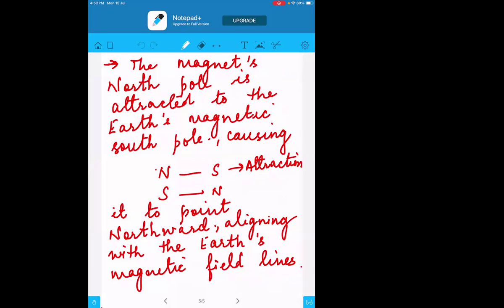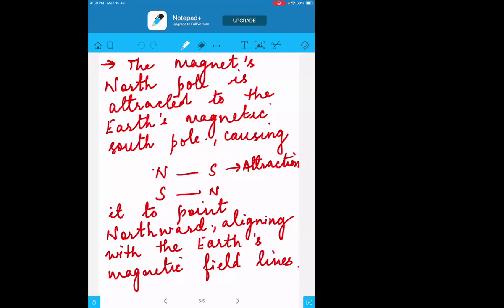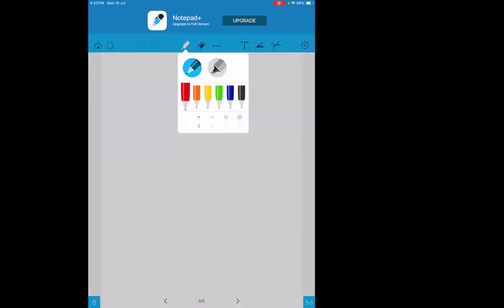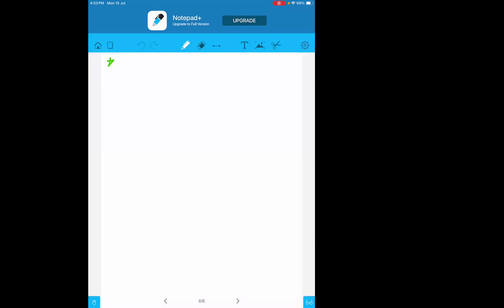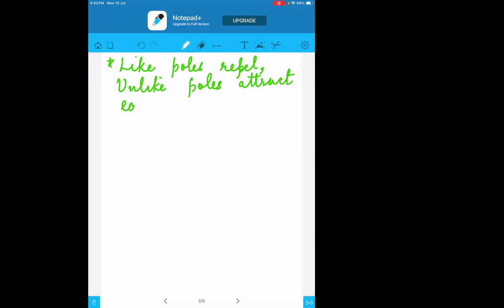Ma'am, finished, ma'am. Okay, now next point, we'll go to the third point, which is: we have studied so many times that like poles repel and unlike poles attract each other.